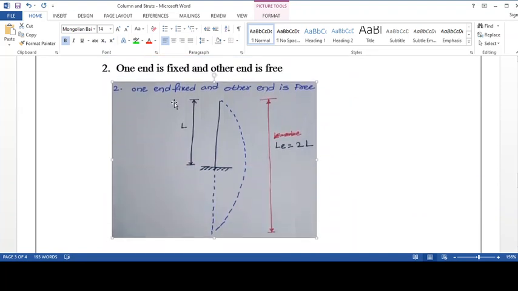Second, one end is fixed and the other end is free. In that case effective length LE is equal to 2 times the normal length. You see here, one end is fixed and the other end is free, so effective length is 2 times the normal length.